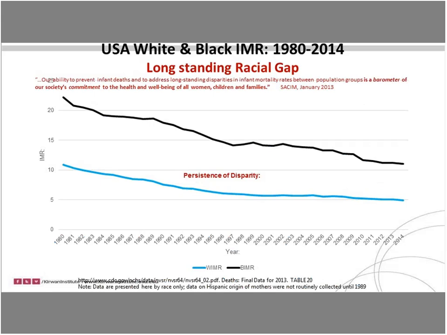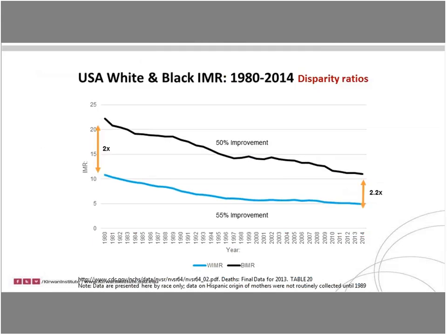And usually, this is where our conversation about the disparity in infant mortality ends. We talk about black babies dying at 2 to 3 times the rate of white babies. Next slide. But during this period of time, because the white infant mortality rate has improved at a faster pace than the black infant mortality rate, the disparity ratio between the two actually increases. Next slide.